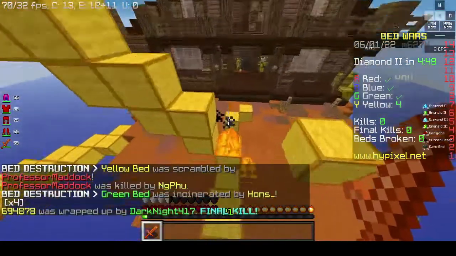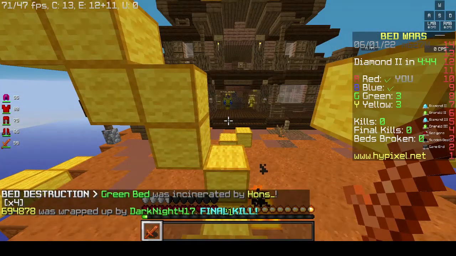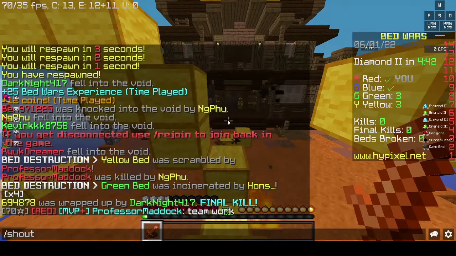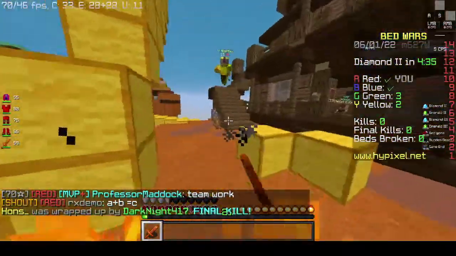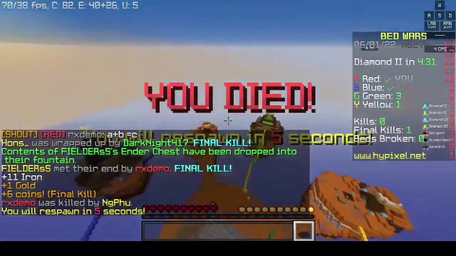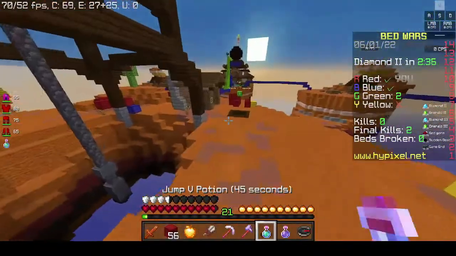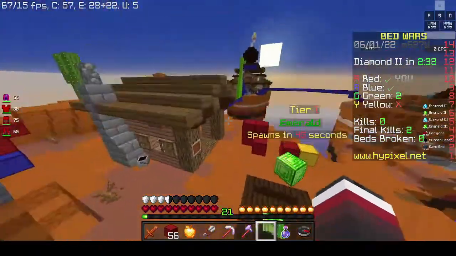Bros, do you know a squared plus b squared equals c squared? A squared plus b squared equals c squared! Get the bed. I'm confident we can get that bed. Gonna jump first, then invis.